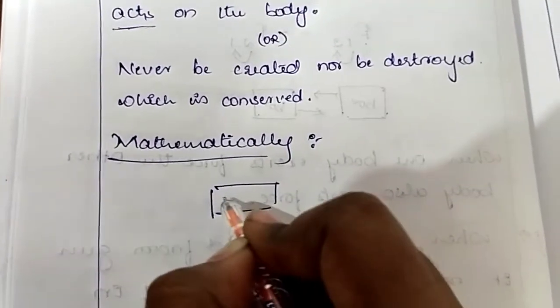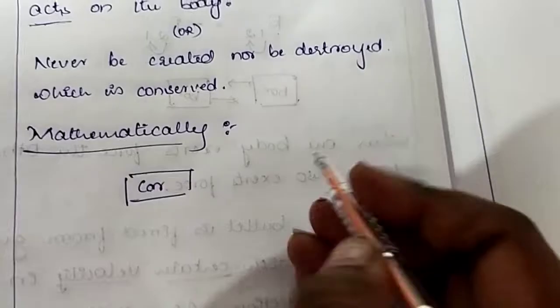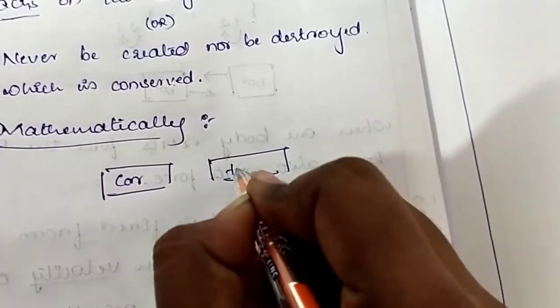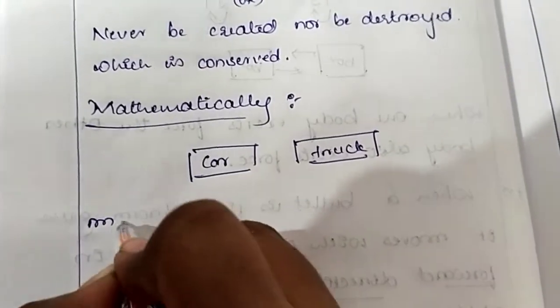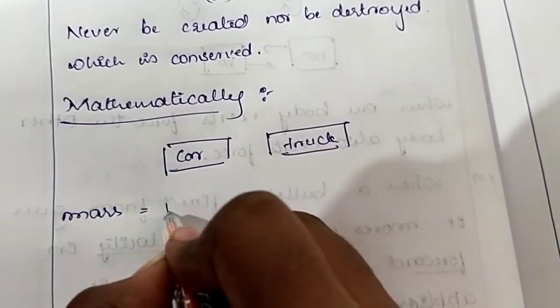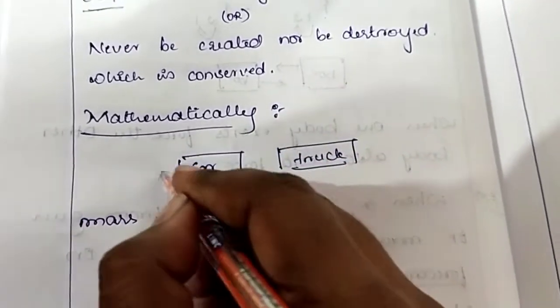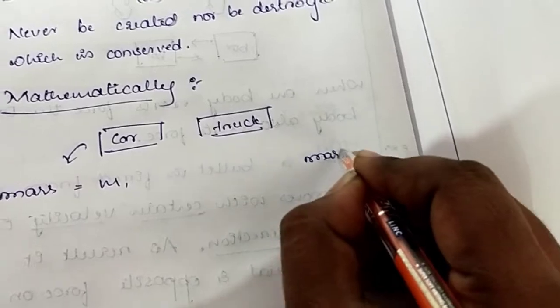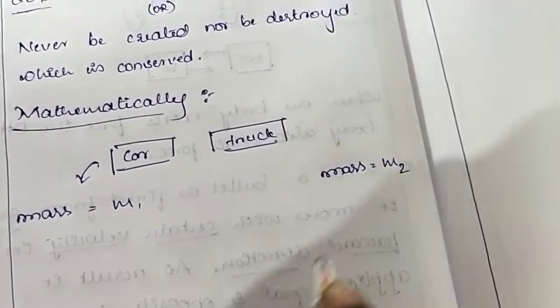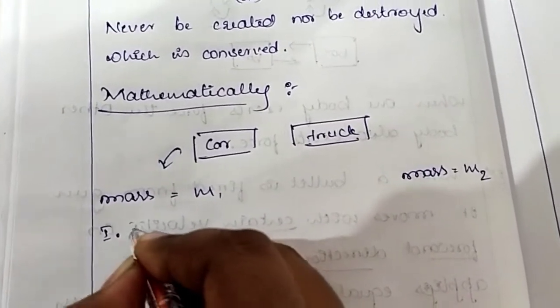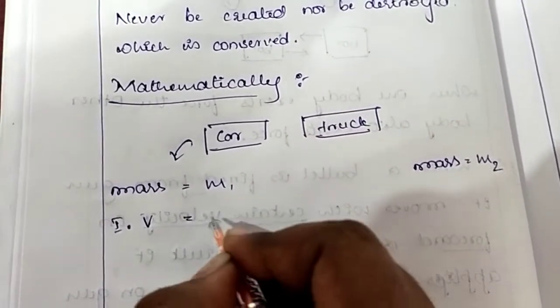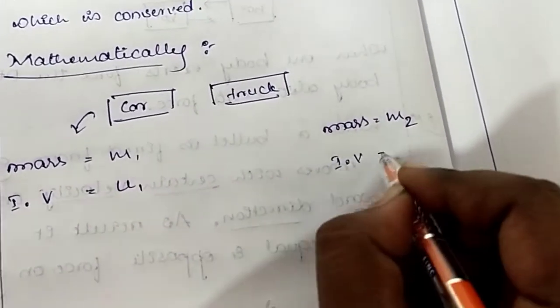Say, for example, taking a car here, and let us take a truck here. Okay. I am taking the mass of the car as m1. Similarly, we'll take the mass of the truck as m2. And again, the initial velocity, let's take it as u1 for the car. Similarly, the initial velocity will be u2.